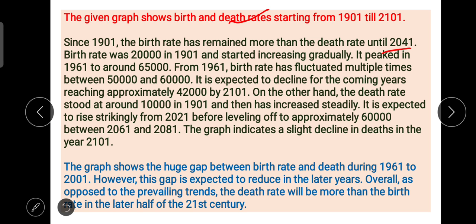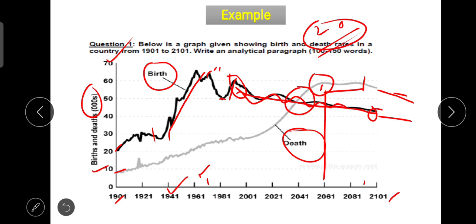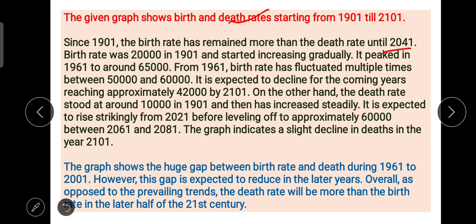It's expected to decline for the coming years. From this point onwards, as I told, it shows the downward trend, and obviously it is decreasing continuously, reaching approximately 42,000 by 2101.